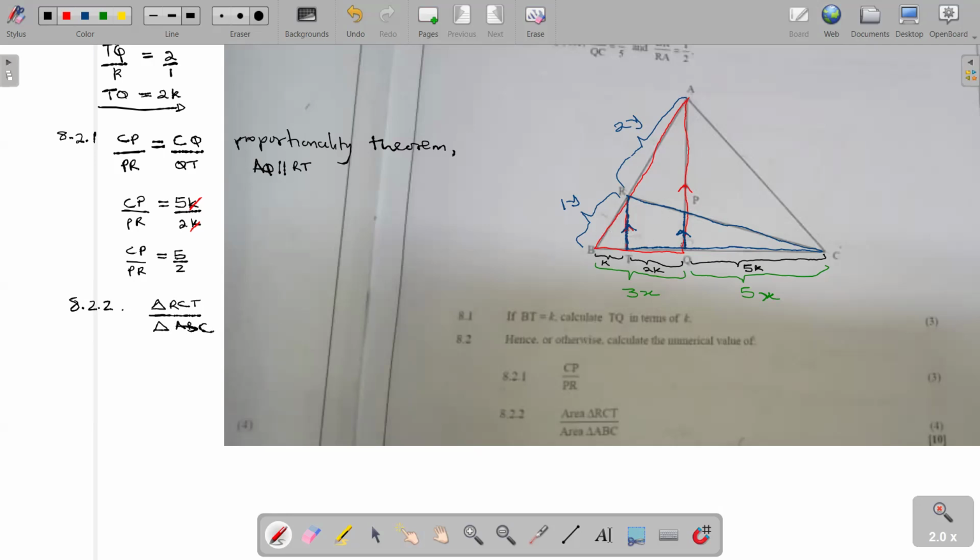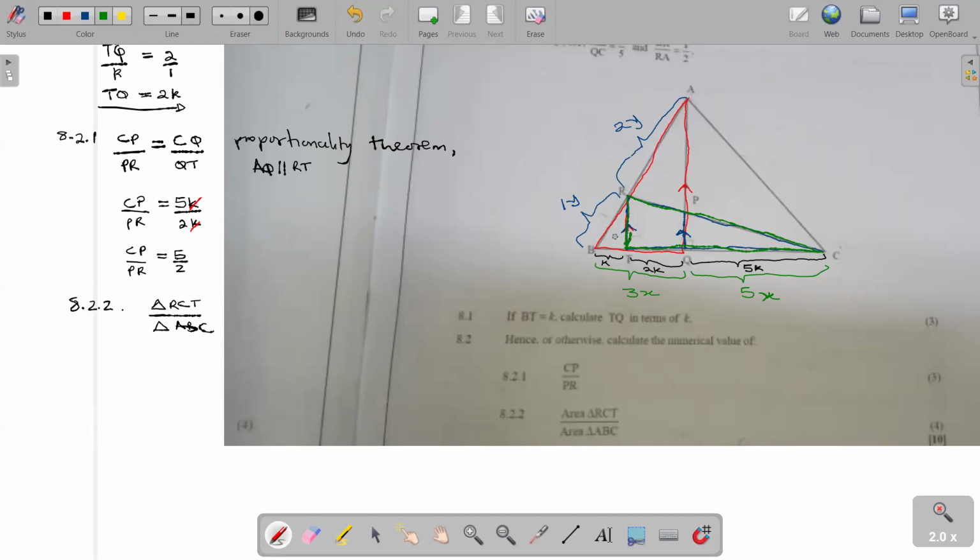But here we are going to check the triangles that we are talking about. We are talking of triangle RCT. Here is triangle RCT. Oh, sorry. RCT. That's the triangle.